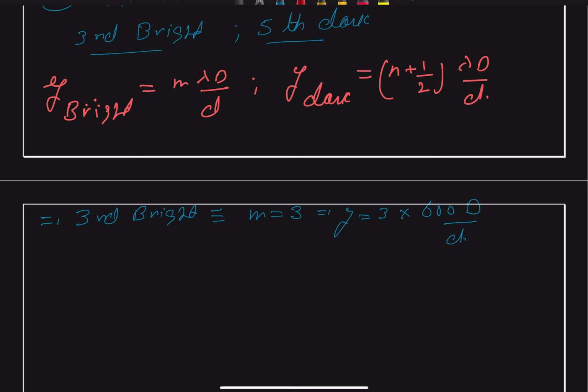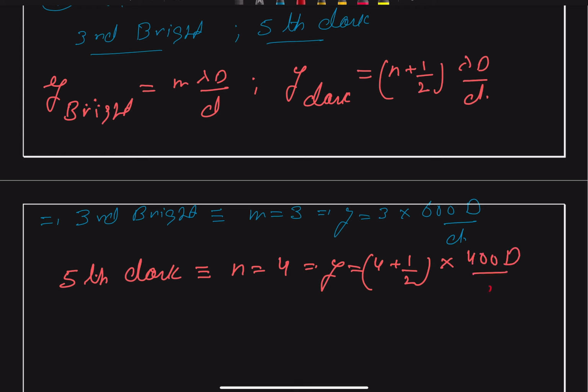For the fifth dark, the value of n is equal to 4, so y is equal to 4 plus 1 divided by 2, multiplied by 400 capital D divided by small d.